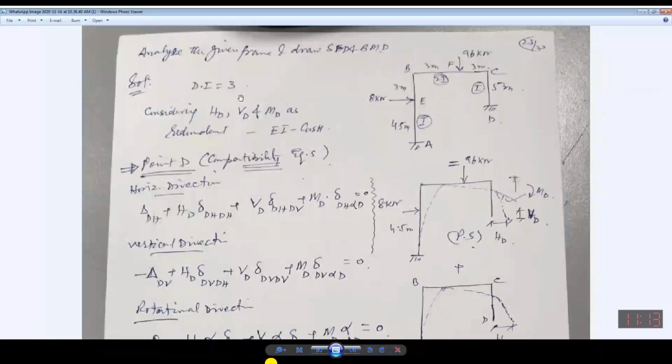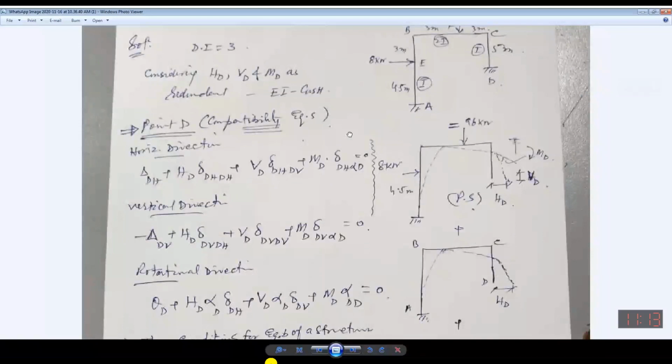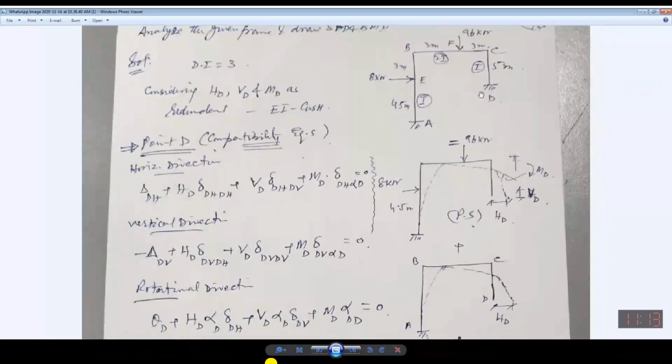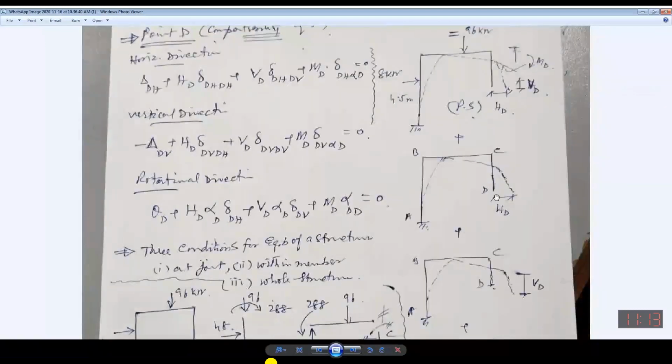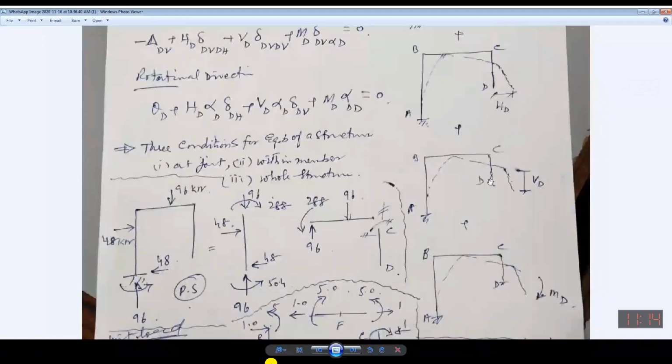So I can do it by making this structure into different types of structures. Like this will be equal to this primary structure plus horizontal force in this direction, redundant, plus vertical force in this direction, plus moment at this location.